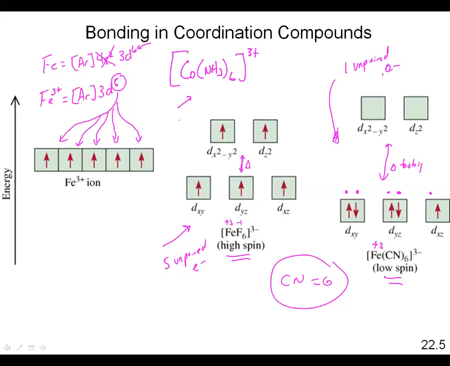And why don't you draw the arrows and figure out how many unpaired electrons it would have. So take a minute or two and draw a little diagram for that and figure out how many unpaired electrons it would have. And we'll talk about it in just a second, see how it comes out.